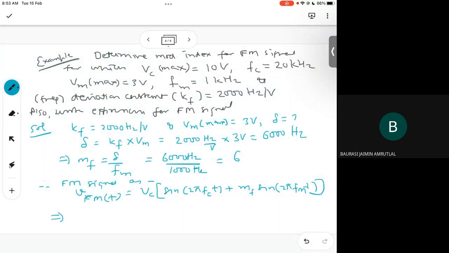So in this case, my VFM(t) could be straightforwardly written with 10, because VC is given as 10 volt. And please note that it is always in volt and so on, never in kilovolts.